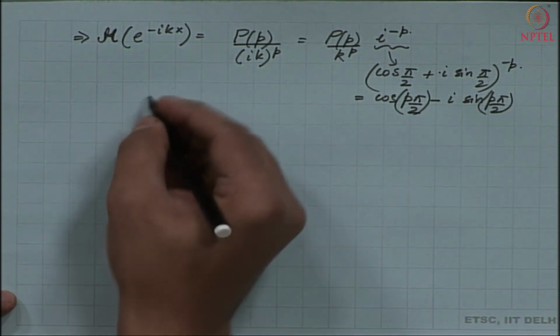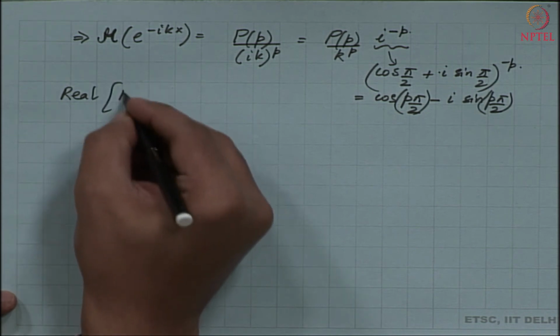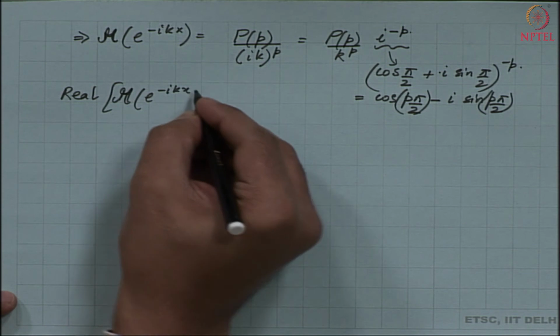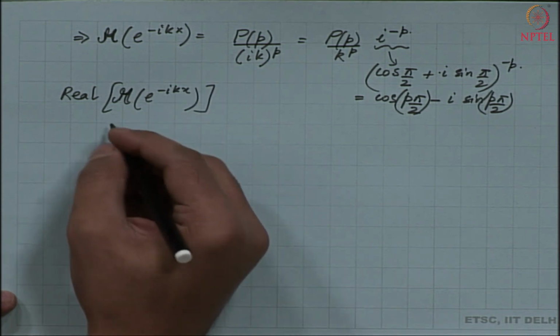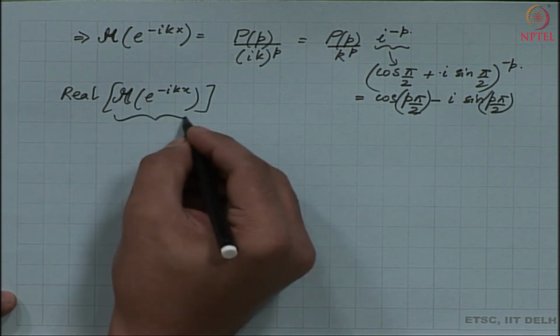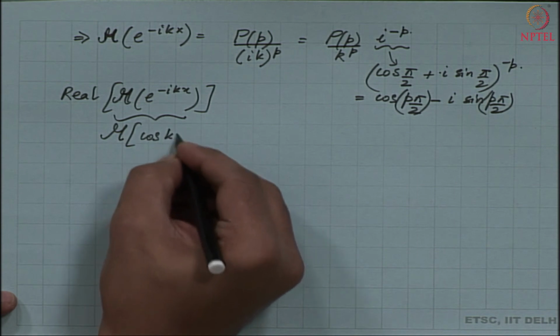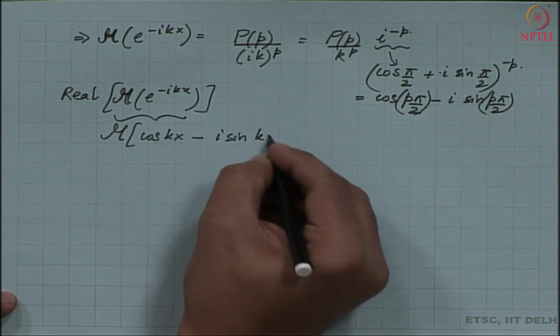Which means if I were to take the real part of the left hand side, the real part of the Mellin transform of e to the power negative i k x, let me just expand this. This is the Mellin transform of cos k x minus i times sin k x.